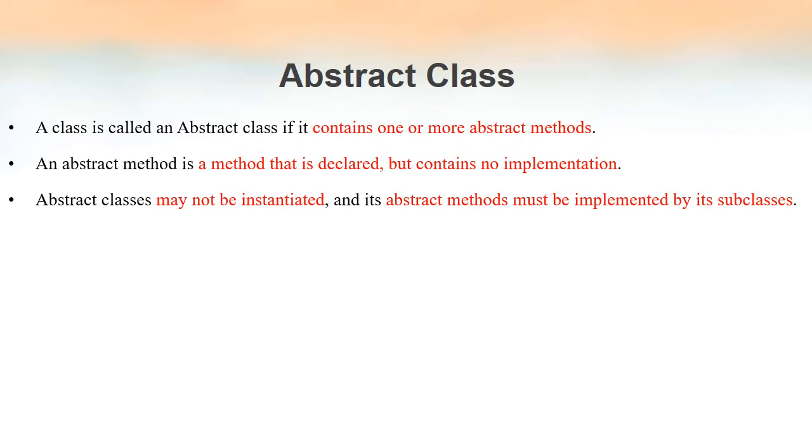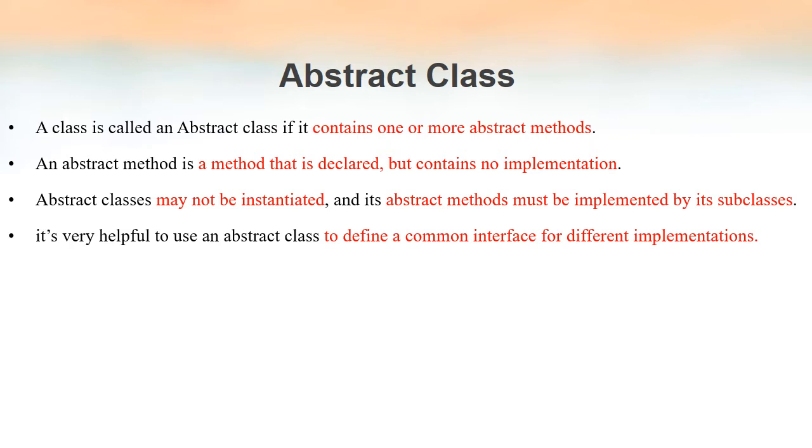So suppose I have an abstract class A, and inside it I have three abstract methods. Then another class B inherits this class A. Then B must provide the implementation of all the abstract methods inside class A. Even if class B does not require those methods, B must provide the implementation of all those abstract methods.